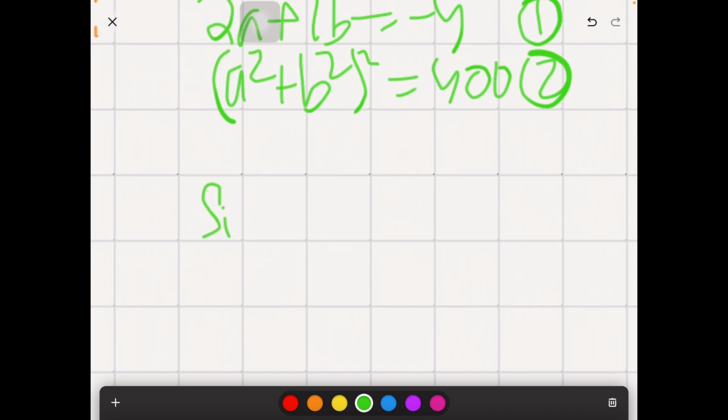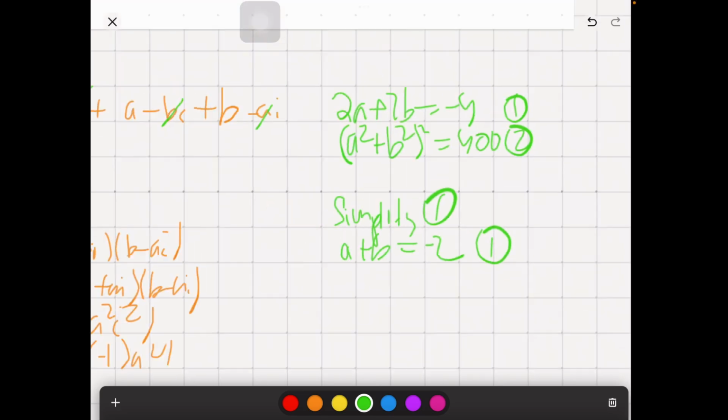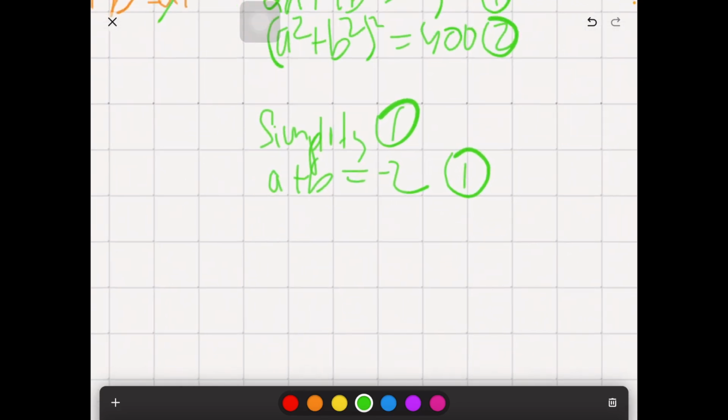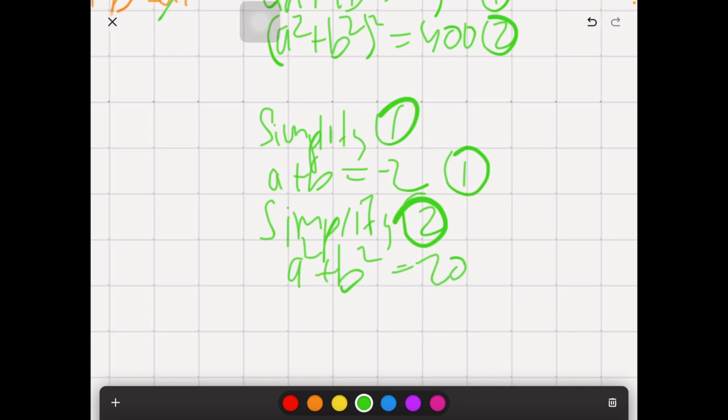So we can simplify one to just a plus b is equal to negative 2 by multiplying by 1/2 on both sides. So this is still equation 1. We can simplify equation 2 by square rooting on both sides. So we get a squared plus b squared is equal to 200.